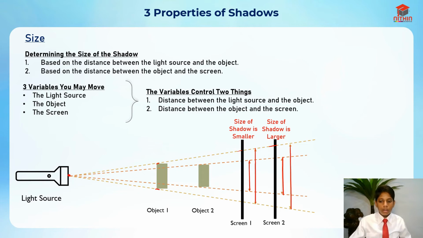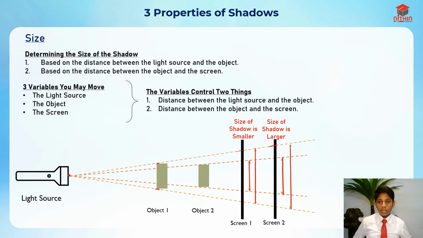In exams, they'll ask which creates the bigger shadow, object 1 or object 2. In the exams, I actually use this trick. When we use this trick, it will give us the size of the shadow, and it is accurate. We can see whether it's bigger or smaller. Okay, I hope you understand this.